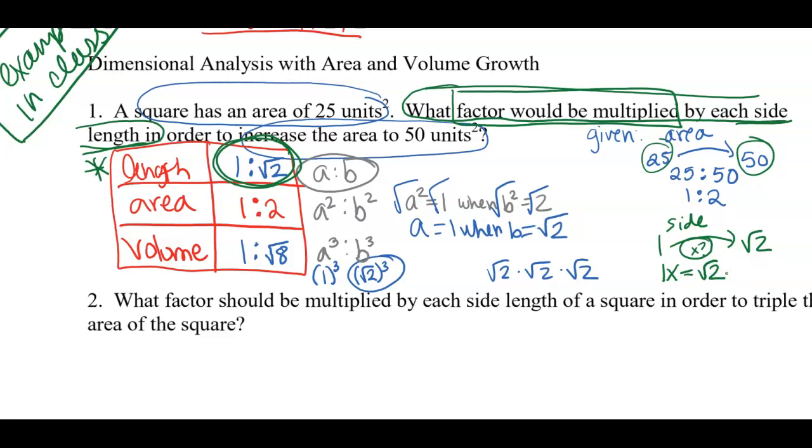And then you would divide both sides by 1, and the answer would be rad 2. Okay? So the area might have been doubled, but the sides weren't doubled, right? Because they don't work the same. They're measured in different ways. The sides were only multiplied by rad 2, and that makes the area double. That's what that problem is saying. Is that okay with everybody?